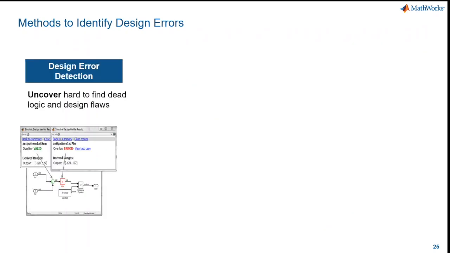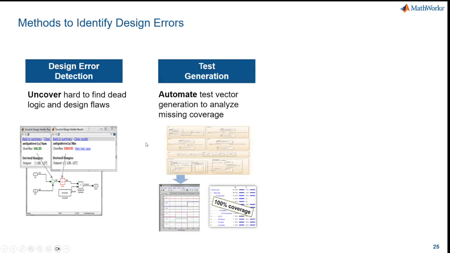It's really important here because it's a hard task to identify these errors manually. Okay, so basically with Design Verifier, you can uncover hard-to-find logic and design flaws. So you can see red is an error and green is a valid block.